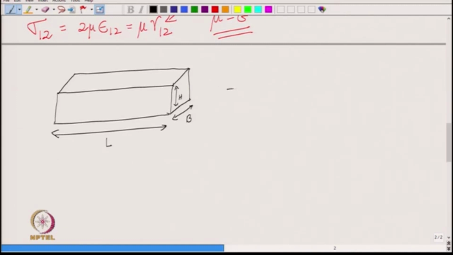And you can also give them the direction. This is E1, what goes up is E2 and along the breadth we have E3, all right. And think of applying force on this rectangular beam in one direction from both the sides. So we are pulling the beam from both the sides.